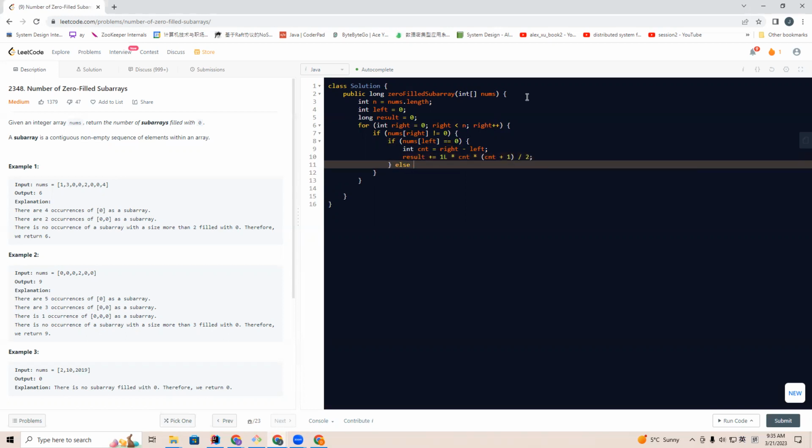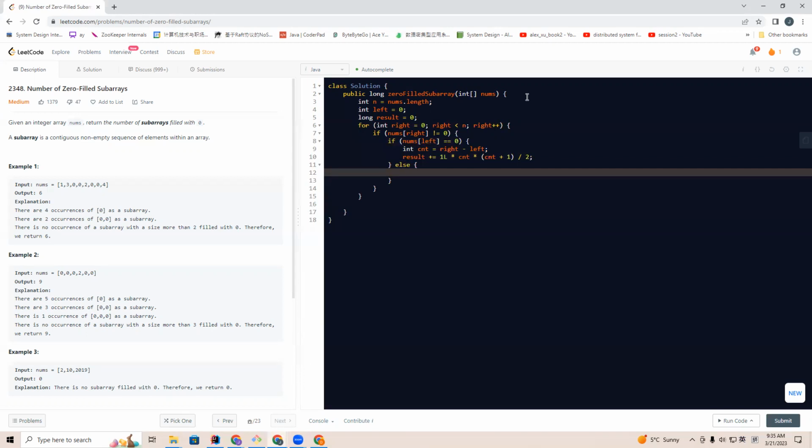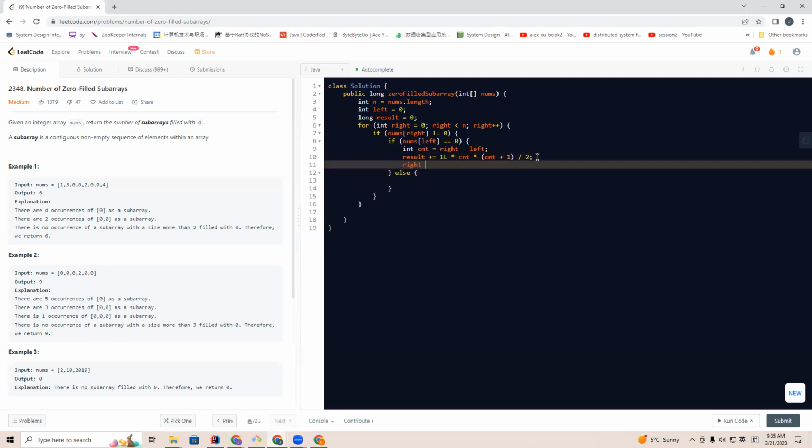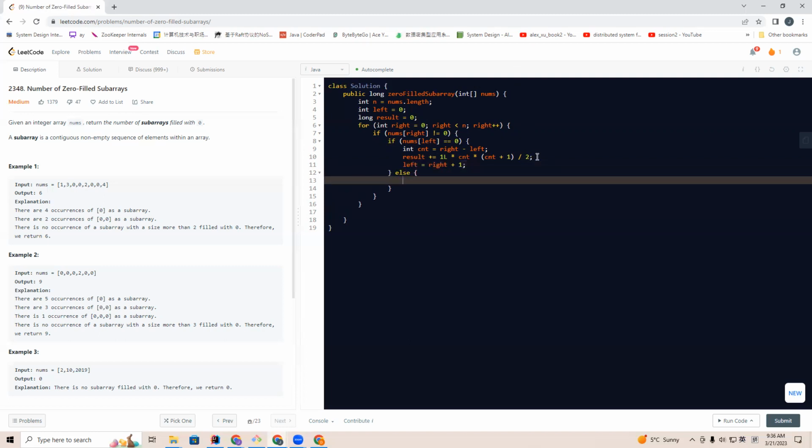Let's say else. That means left is not 0 and right is not 0, they iterate through concrete numbers. Then we just have left equals right plus 1. Otherwise, we just have left plus plus.